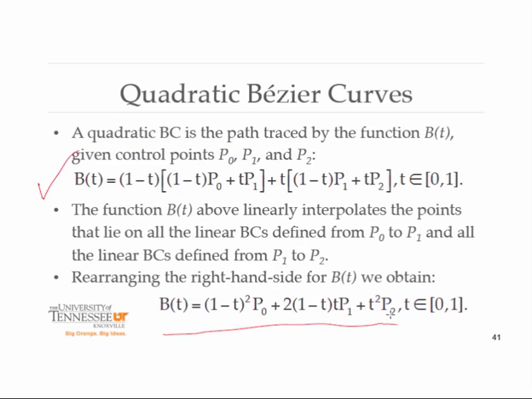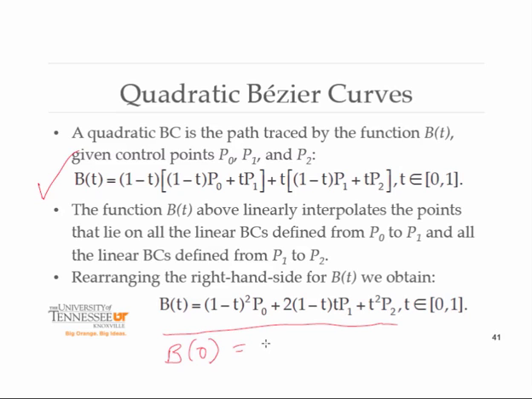So this is a quadratic Bezier curve where t runs from 0 to 1. Again, you can check that if you were to plug in 0 for the Bezier curve, the P2 term would go out, and you would have P0, and this term would be zeroed out because of the t. Again, it will do what you expect.